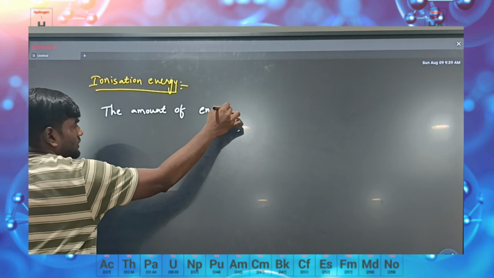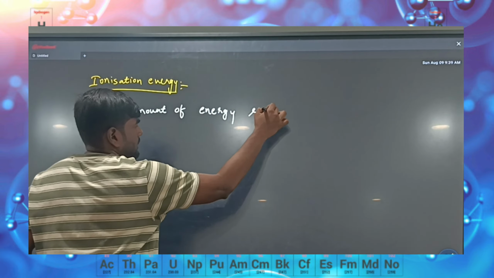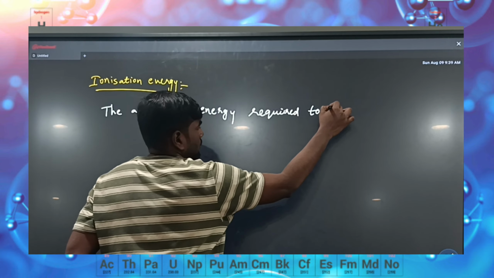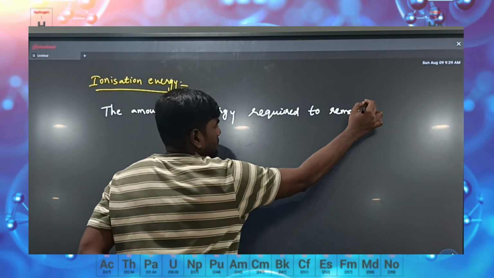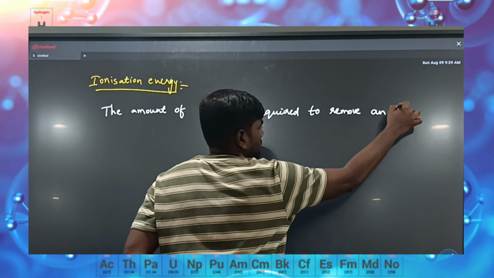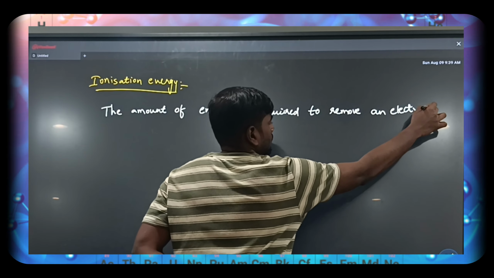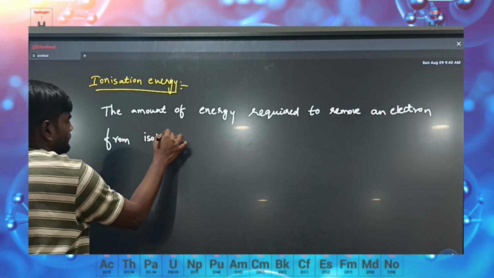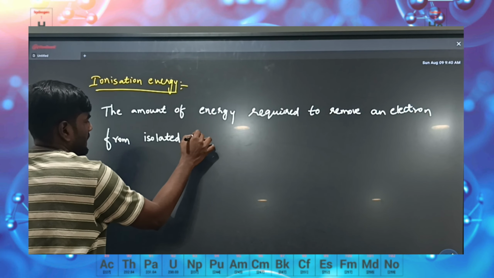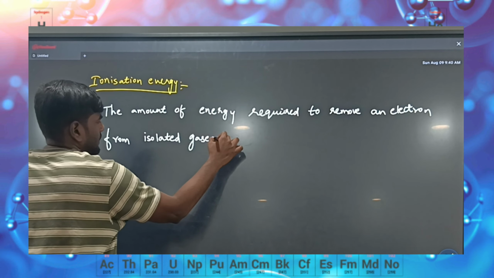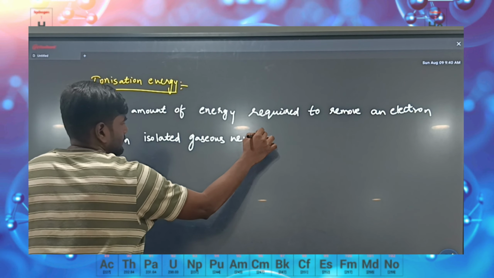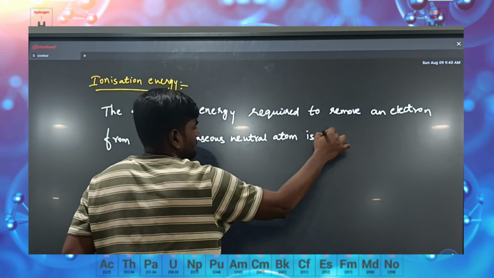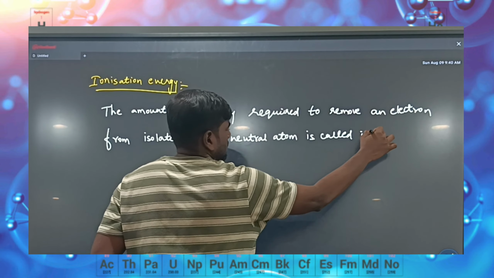The amount of energy required to remove an electron from an isolated gaseous neutral atom is called ionization energy.